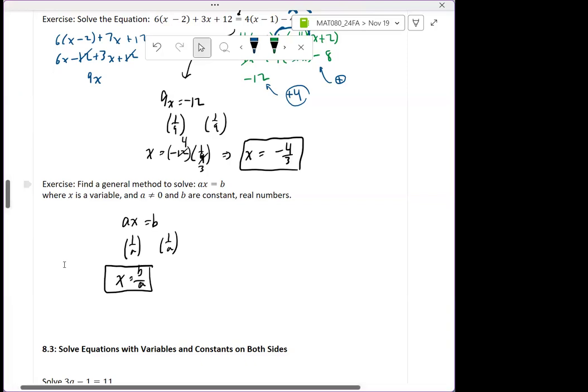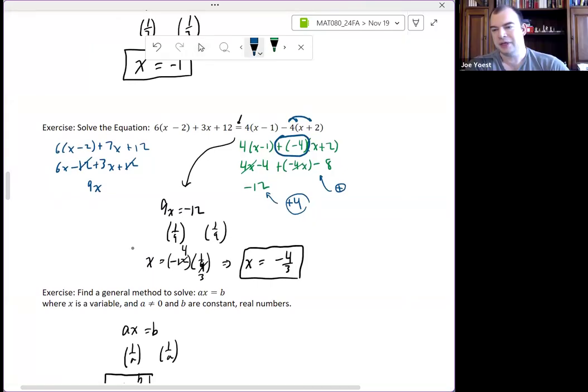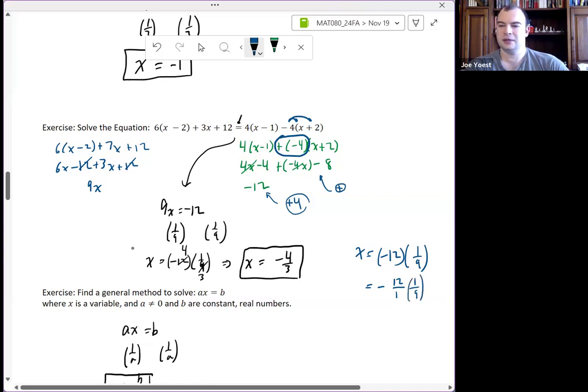Oh, you got the 4. Right there, what did you take away to get the 4? Yeah, so we have x is -12 times 1/9. And this would be -12 over 1 times 1/9, so this is -12 over 9.